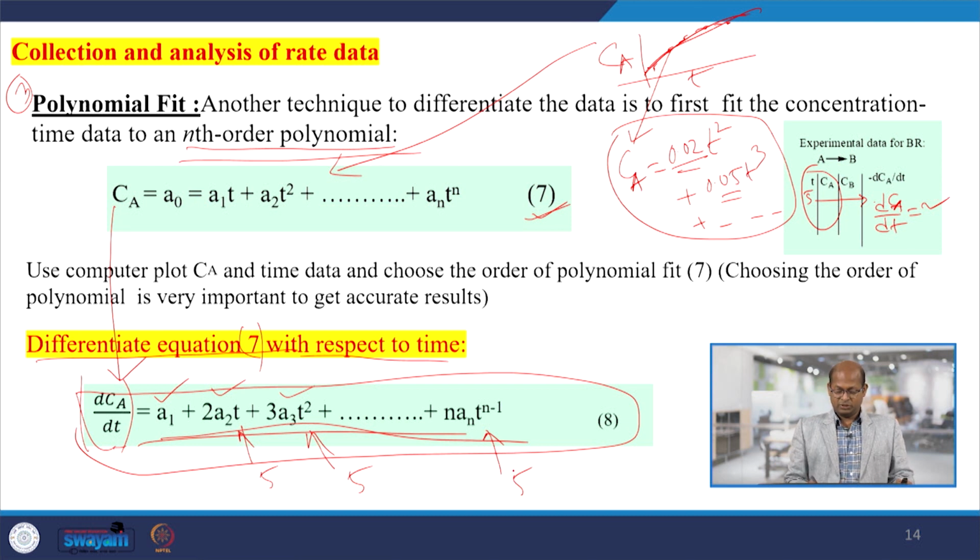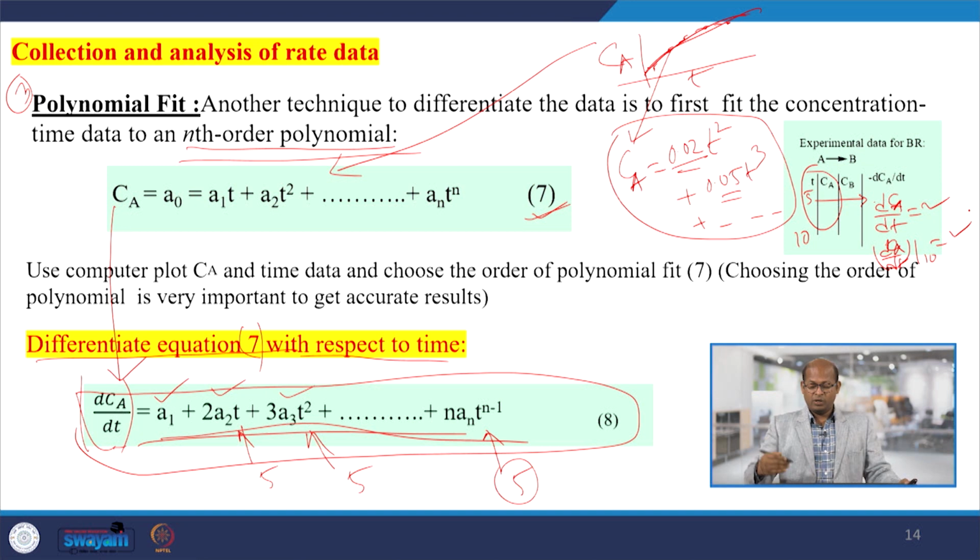Similarly, if we put t equals 10, at t equals 10 minutes we can get dCA by dt. Like that, we can get all data points of this minus dCA by dt, that is the rate for the batch reactor.